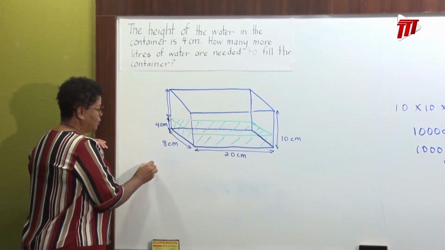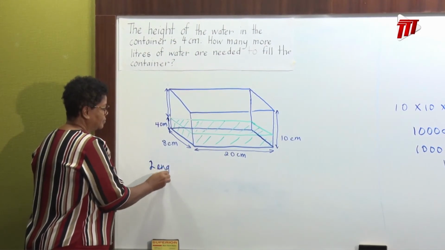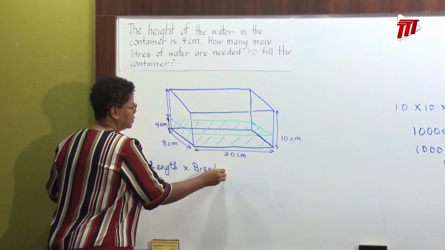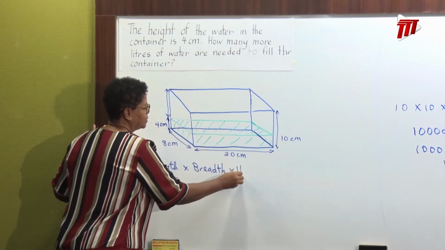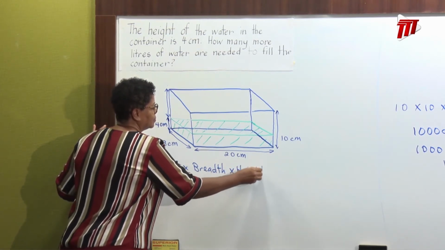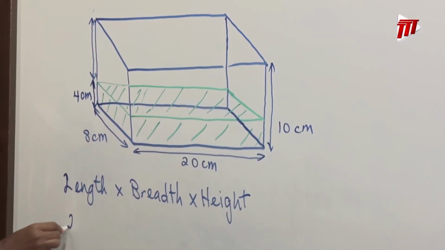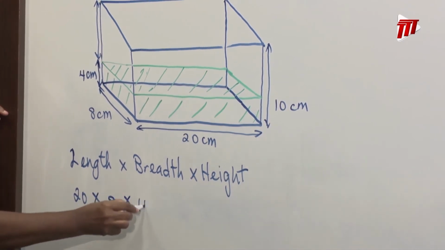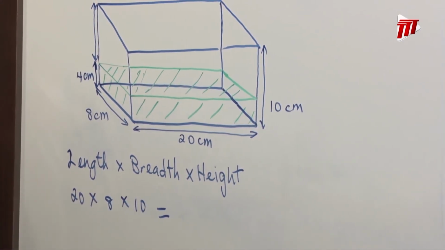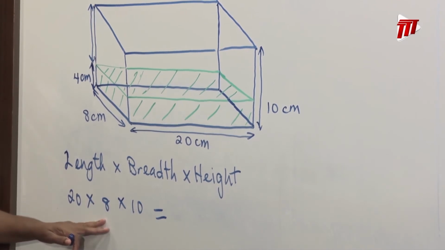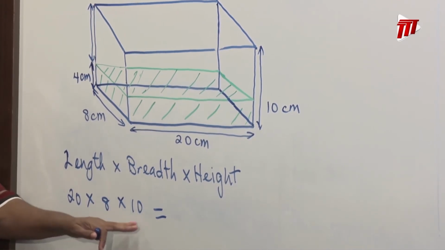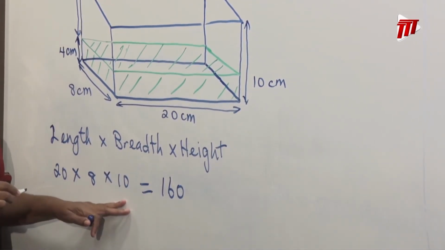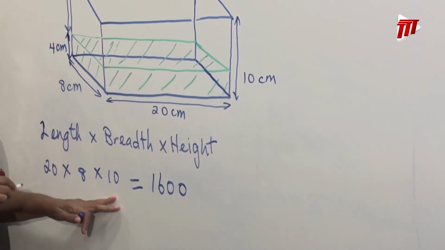So we multiply length multiplied by breadth multiplied by height, which is 20 multiplied by 8 multiplied by 10. 20 by 8 is 160. 160 by 10, we just add another 0.